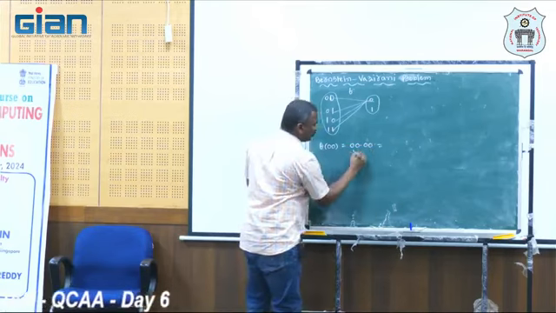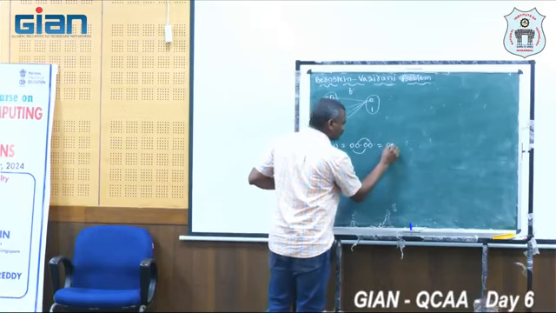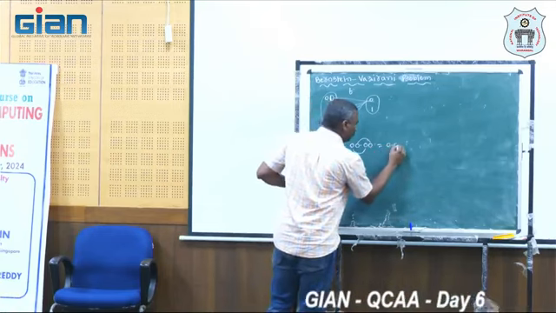So it is 0 XOR this 0. Is that correct? So finally this is 0 XOR 0, this is 0. Is that okay?